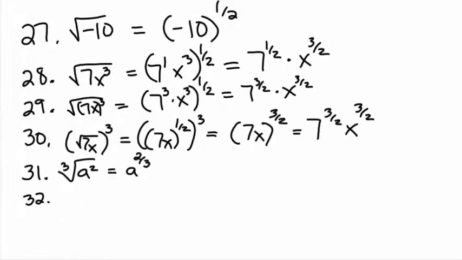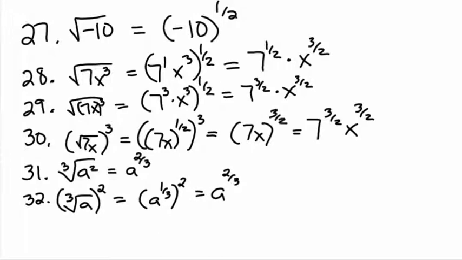I have cube root of a, and then that quantity is squared. So I'm going to think of this as a to the 1/3 squared, multiply my two powers, and I get a to the 2/3. So I get the same answer, but just by a different path.